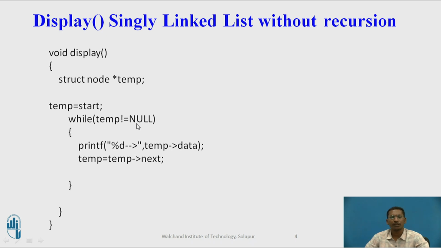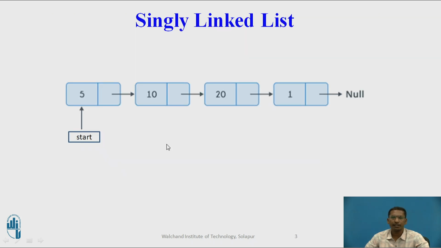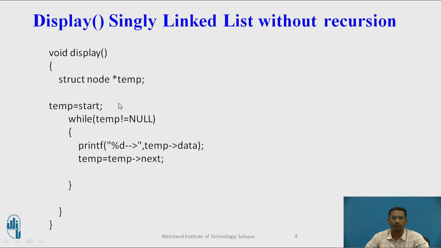So while temp is not equal to null, this is the exit condition from the loop. printf %d temp arrow data. Whenever temp is pointing to the nodes one by one, it will go on printing the data part of each and every node, and temp will move forward using temp equal to temp arrow next.